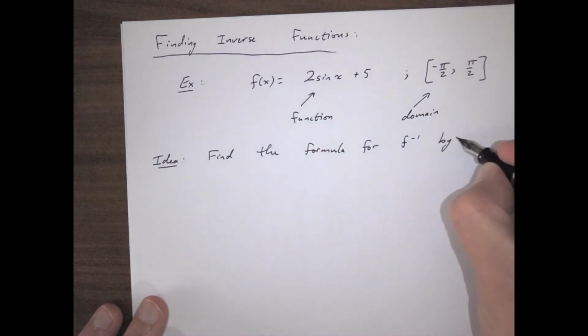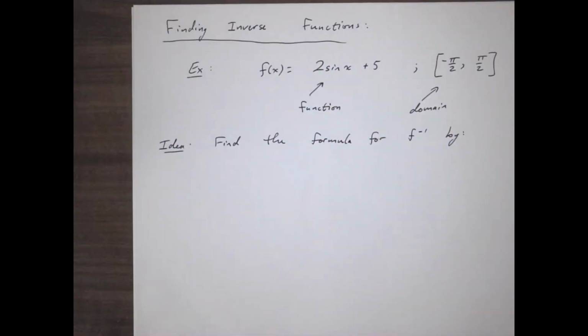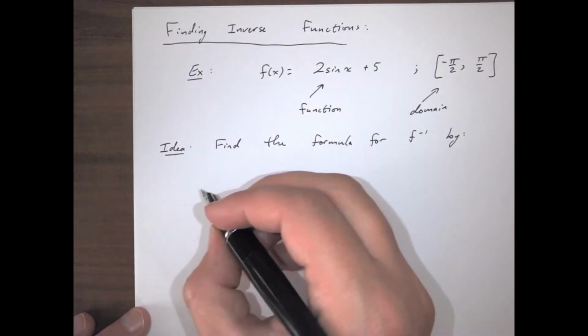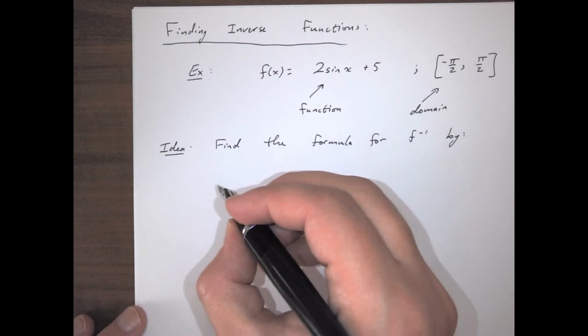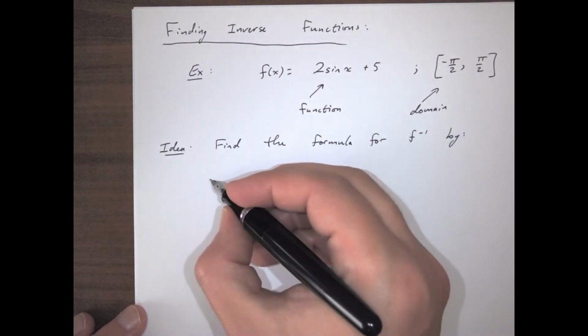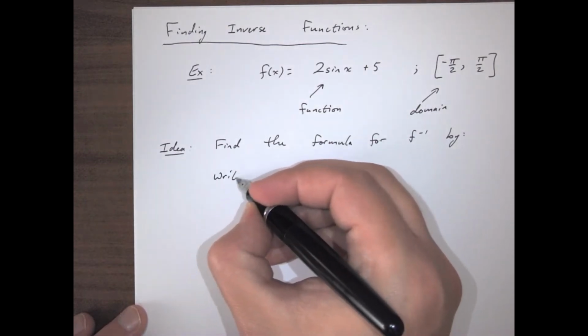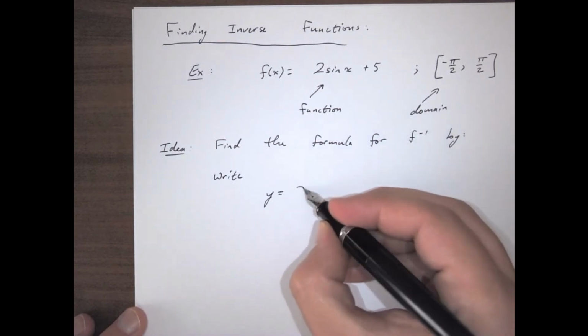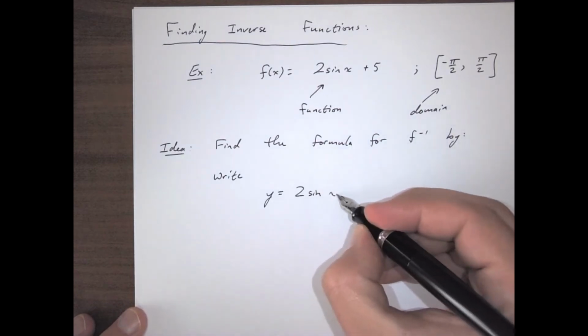This is the general procedure, and it all comes from what inverse functions really mean. An inverse function is a function that switches the roles of the input and output. So literally, what we will do is switch the x and the y. So write y equals 2 sine x plus 5.